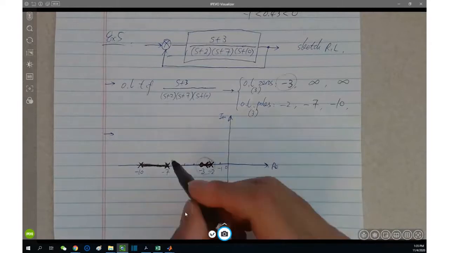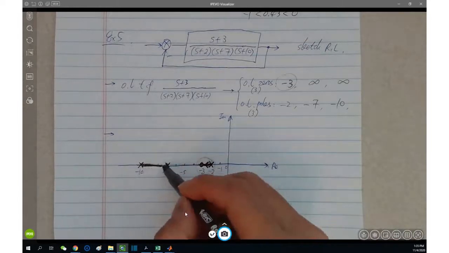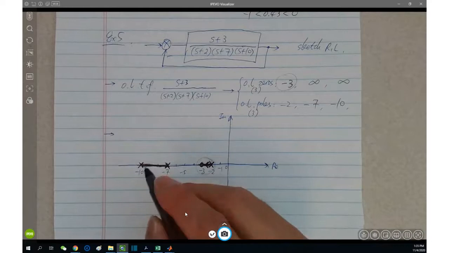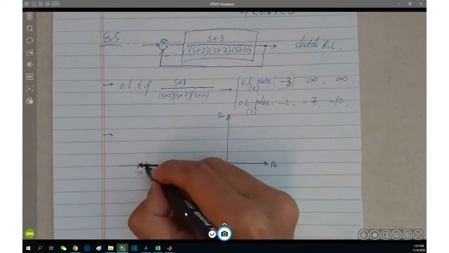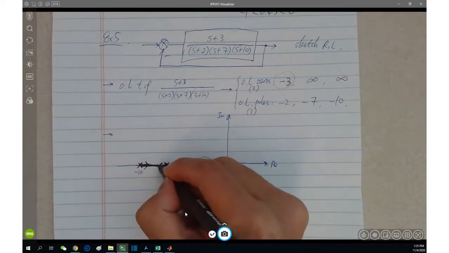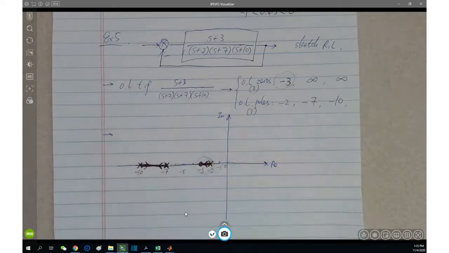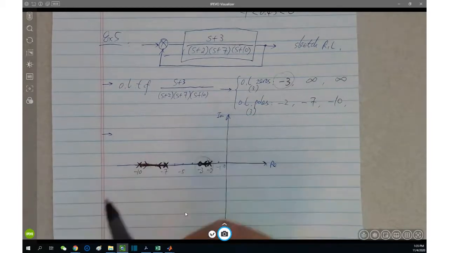Since they both are poles, meaning both are starting points, and they are having root locus pointing against each other, that's definitely going to meet somewhere in between. That meeting point is our breakaway point, leaving the real axis.